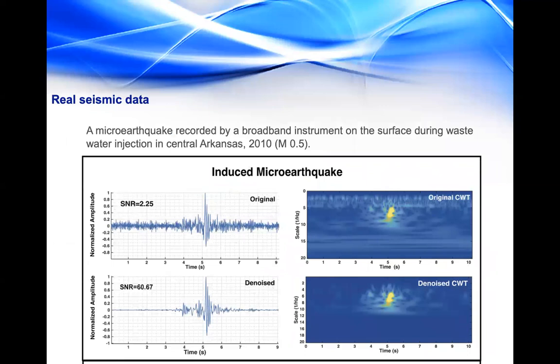Now let's see some applications to field data. The first example is a macro earthquake. Signal to noise ratio was increased from 2.2 to more than 60. So this can improve the detection of small events, which is a challenging task in surface monitoring of macro earthquakes.